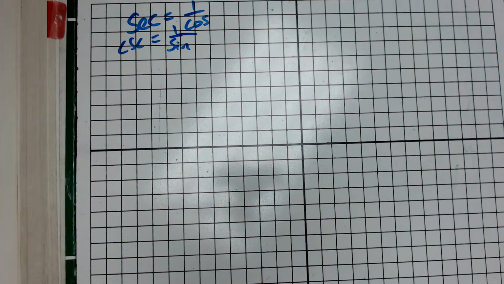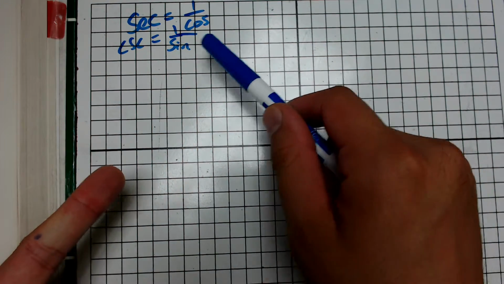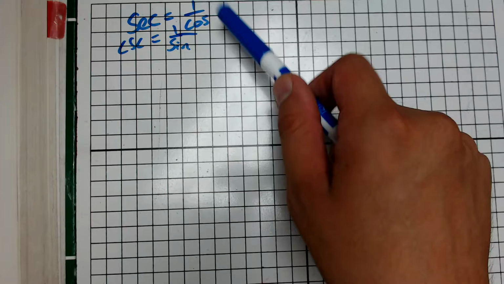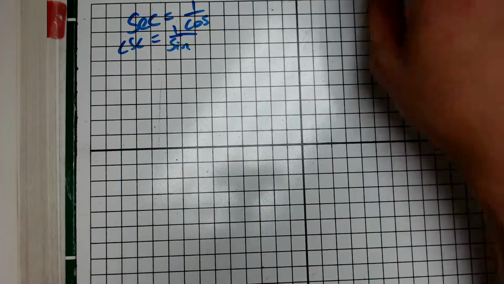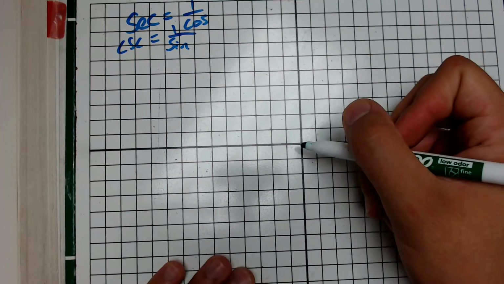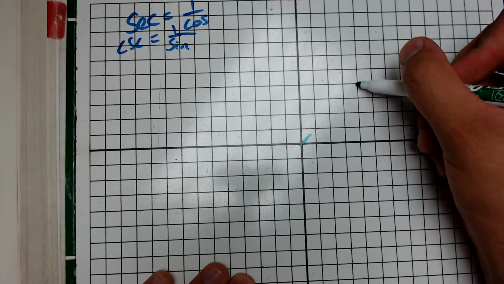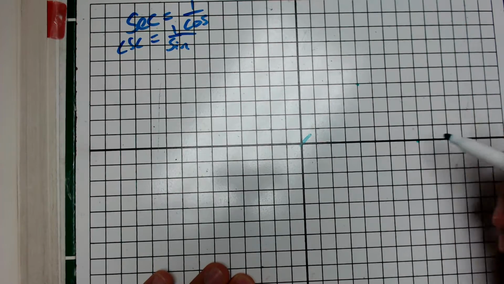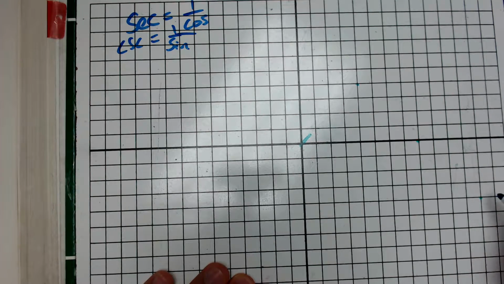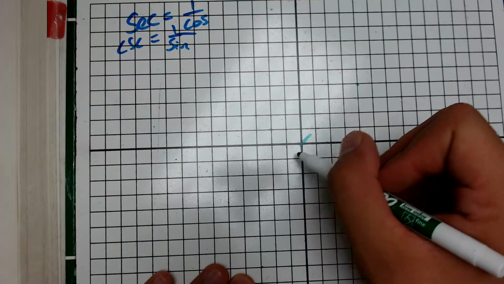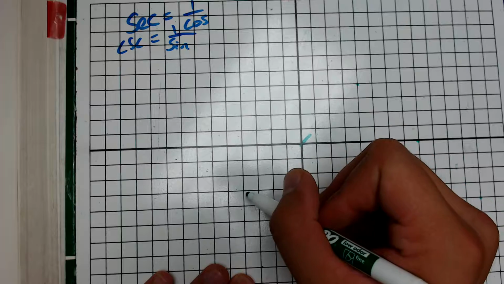So, in order to show this, what I'm first going to do is graph sine and cosine. If you remember, sine passes through 0 positively. We'll just make every 4 dots a length of 90 degrees, because that makes sense.